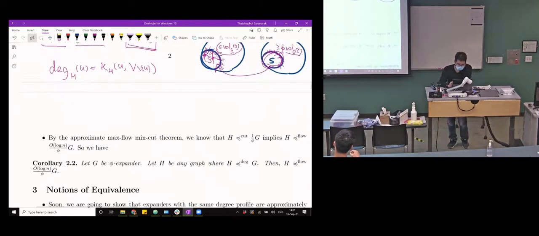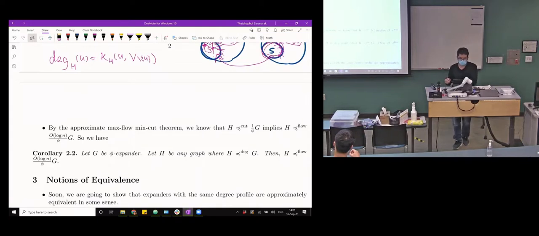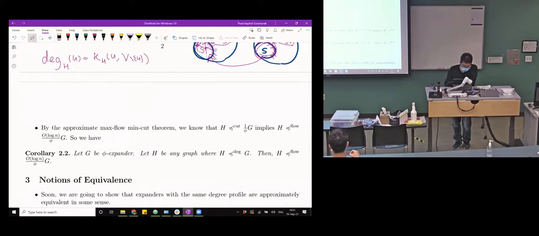So now, immediately, we can say the same thing for flow. That is, if G is an expander, and H is any graph which has half the degree, whose degree is smaller than G, then H is going to be at most log n over phi times G. H is going to be embeddable into G. And why is that?